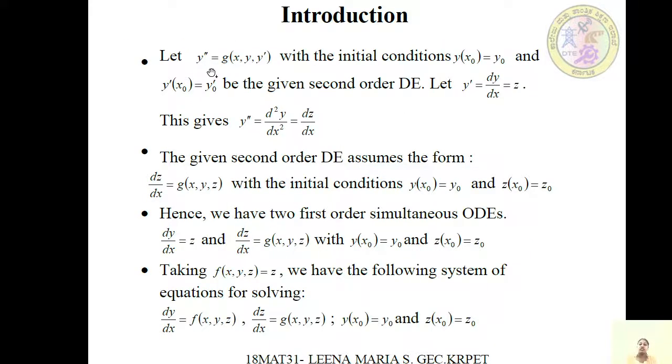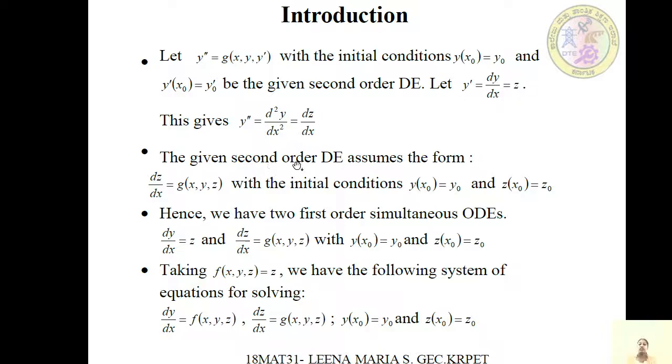Let us consider y double dash is equal to g of x comma y dash, with the initial conditions y of x naught is equal to y naught and y dash of x naught is equal to y naught dash, as the given second order differential equation. Consider y dash is equal to dy by dx is equal to z. On differentiating this with respect to x, we get y double dash is equal to d square y by dx square is equal to dz by dx.